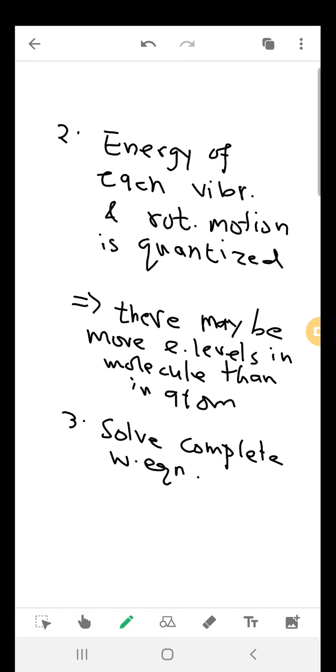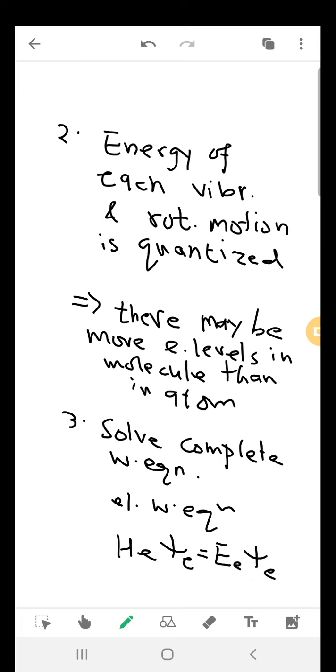This is the Schrodinger's equation, the Hamiltonian operator acting on the electronic wave function, giving the electronic energy levels as eigenvalues. So this is the operator.